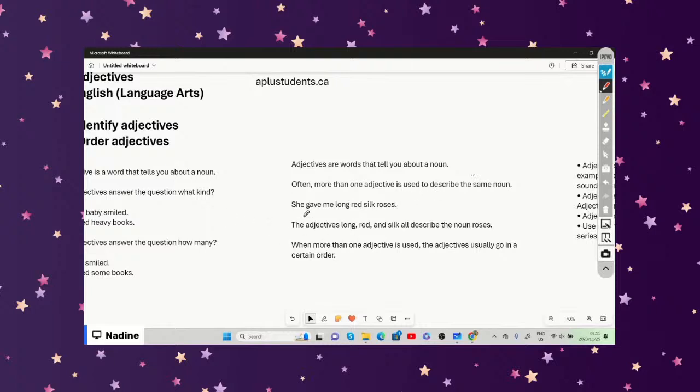Then you can maybe say she has on a long silk dress, or a long silver silk dress.